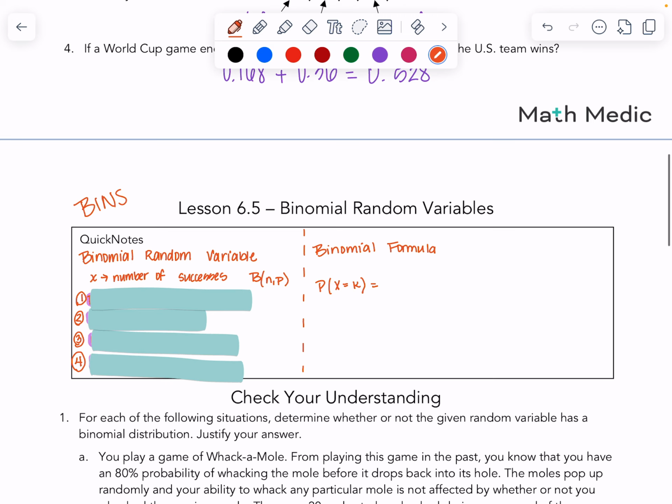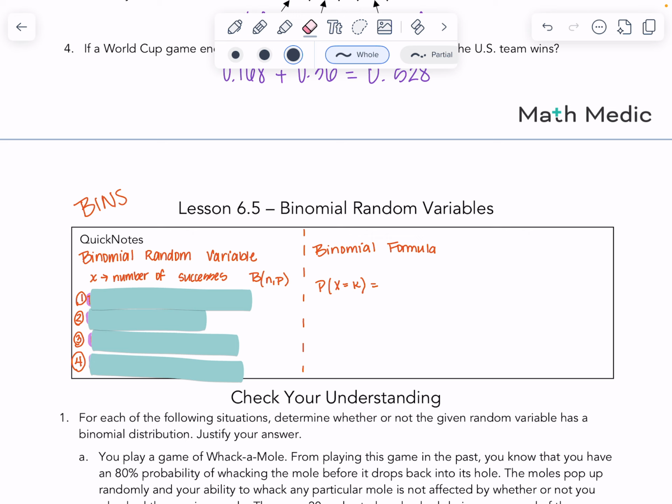A lot of times you're going to be expected to check these conditions. You'll see it pop up frequently for the rest of the school year. So X is going to be the number of successes, and the notation here is B, N, P. I'll tell you what N and P mean in just a moment.